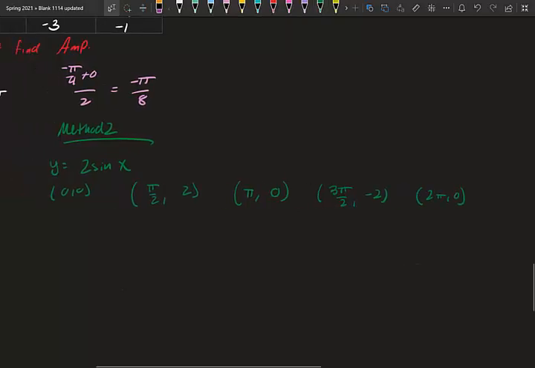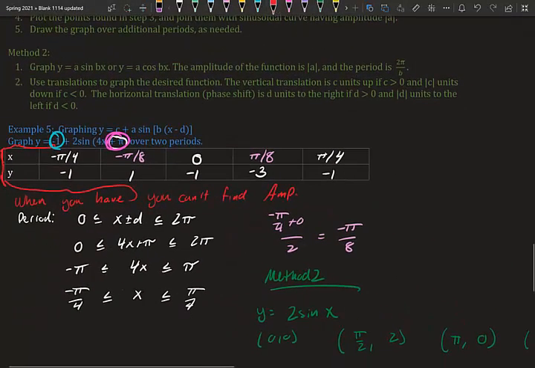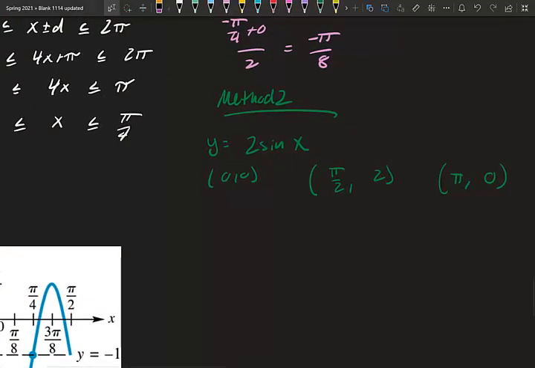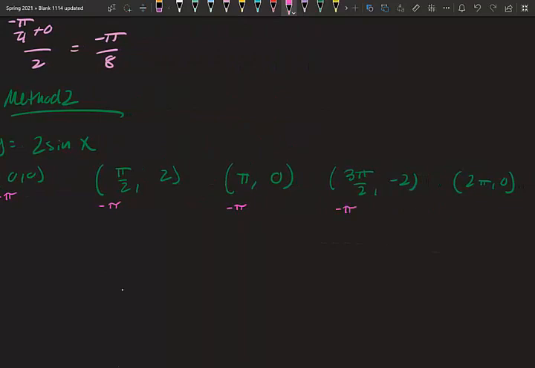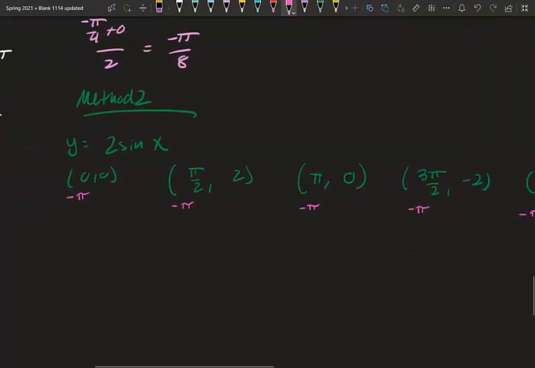Then for each point, we need to use our transformations. Since we have plus pi, all of our x's we're going to subtract pi from. We subtract because it's plus, it's the opposite.